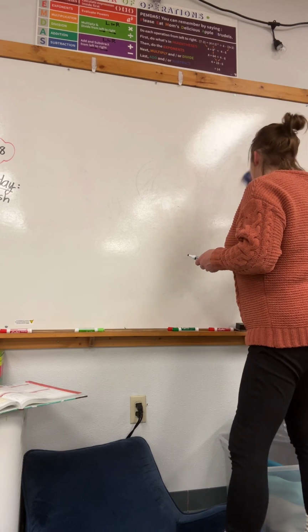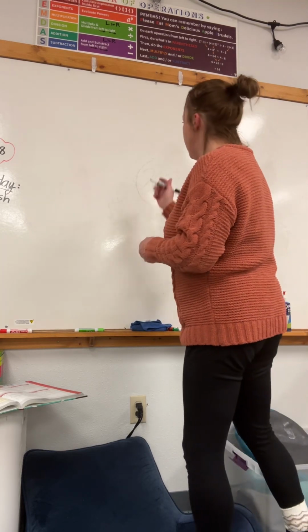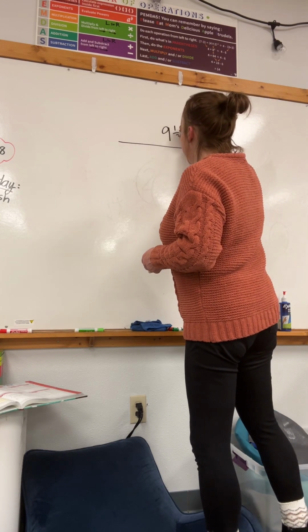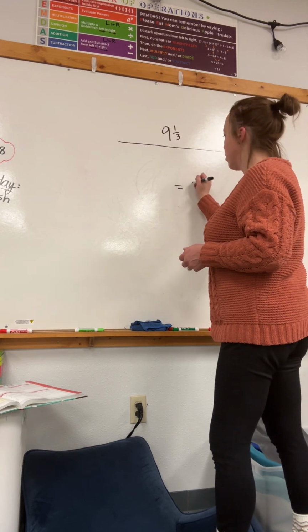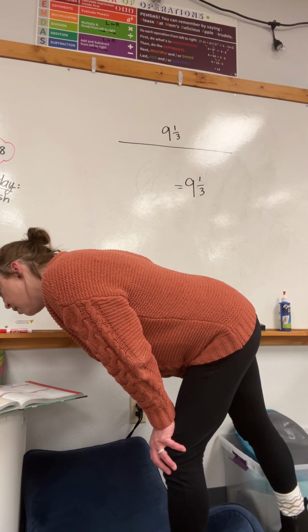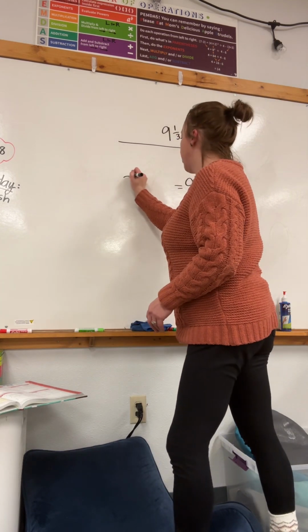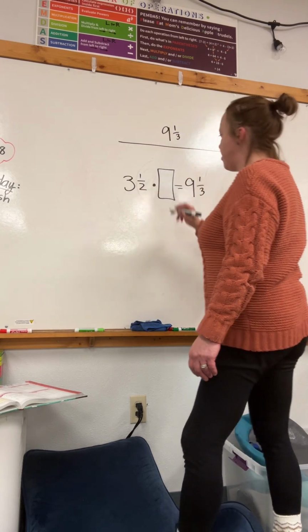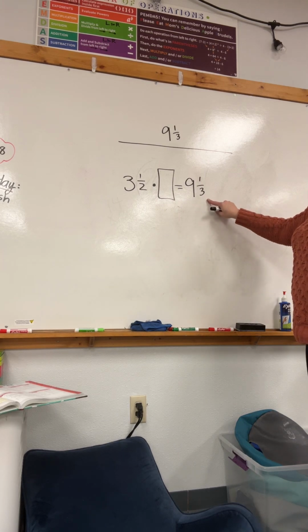In other words, we have this line, and it's 9 1/3. That's our answer. And we also know that we have a line that's measuring 3 1/2 yards. So we have to multiply by something to get us to this 9 1/3.